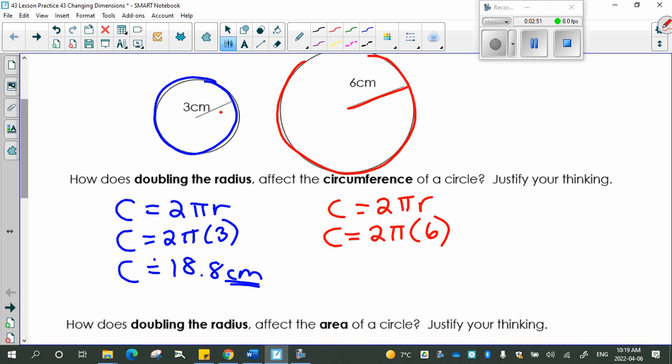Remember, we had to times by 2 to change the radius. So now you want to do 2 times pi times 6, which is approximately 37.7.